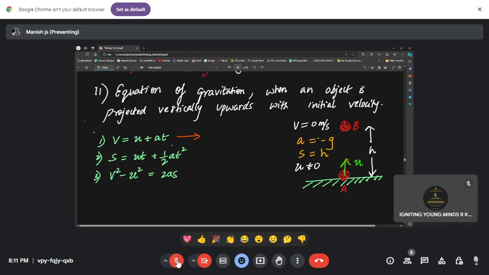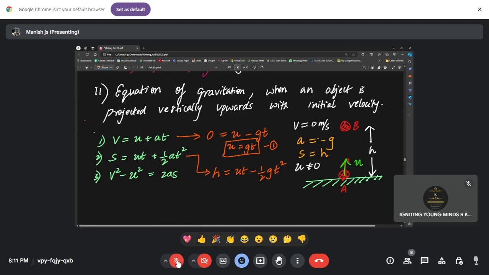Now let's begin the transformation. Transforming the first equation of motion, v is 0, so 0 equals u minus gt. When you rearrange, you will get u equals gt, and that's the first equation of gravitation when you throw an object vertically upwards. What about the second relation? In the place of s, you can substitute h. So h equals ut minus half gt squared.